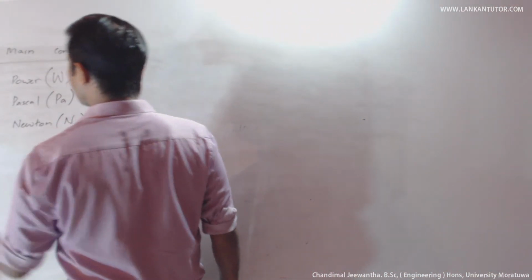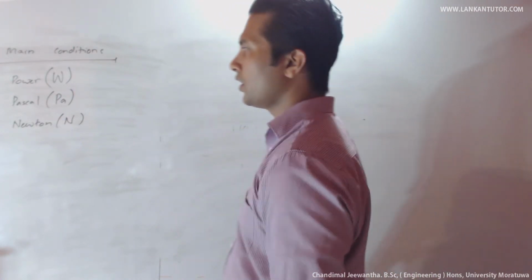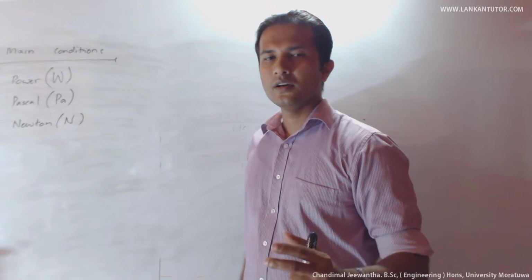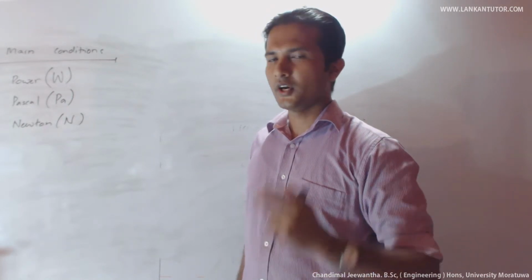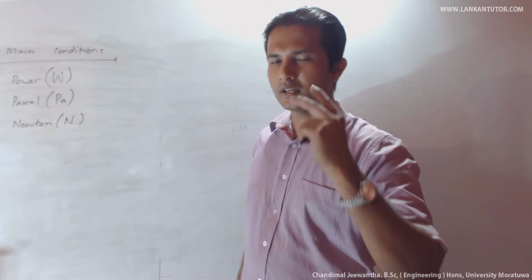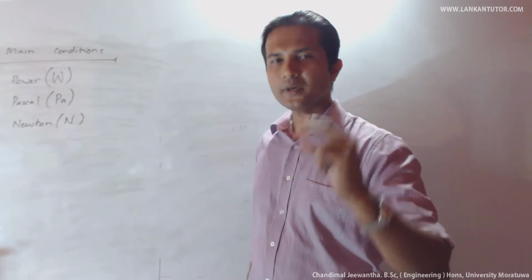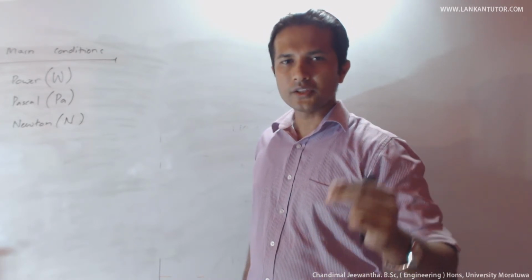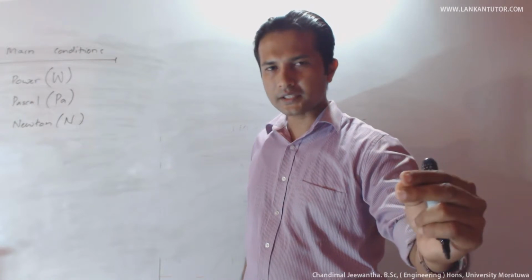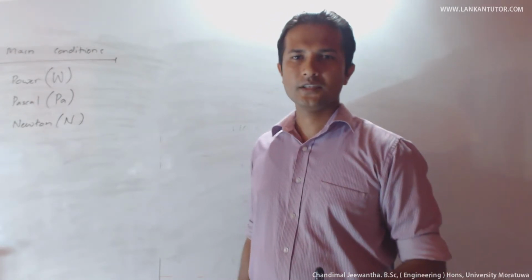Let's move on to the second condition. The second condition is when using other units, when we are not using the name of a scientist, you have to use simple letters. For example, when finding the unit of seconds or unit of time, it should be simple s.